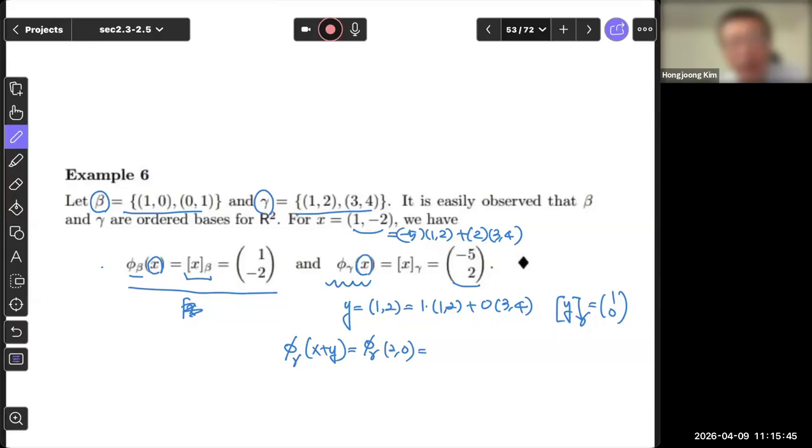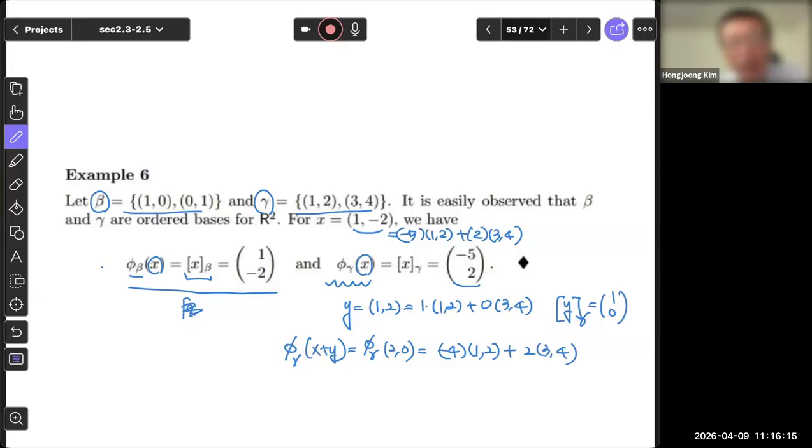Then that is -4 times (1, 2) plus 2 times (3, 4). So you get the linearity. I'm just showing an example. This is not a proof, but this example shows that certain linearity is satisfied.